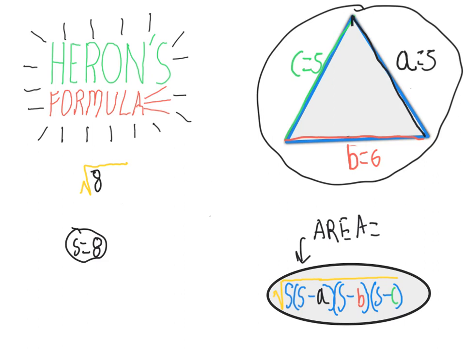Square root of 8 times another semi-perimeter, 8 minus a, and we know a is just 5, times 8 minus b. We'll go over to our triangle, and we see b is 6.